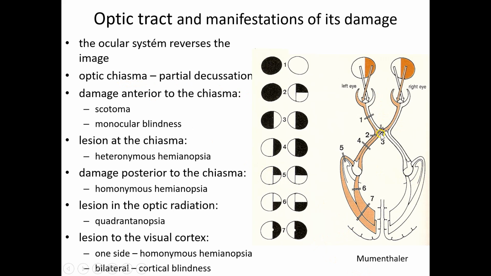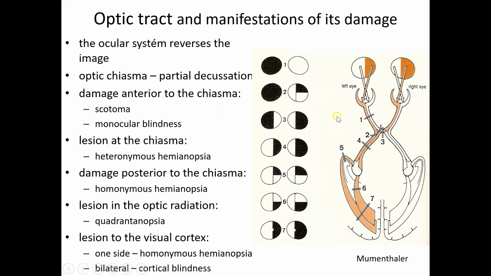Optic chiasma, as I discussed earlier, here medial fibers of both optic nerves decussate, meaning the fibers involved with which field of examination? The lateral or temporal side fibers from both eyes decussate here. So damage anterior to the chiasma will lead to scotoma or monocular blindness.